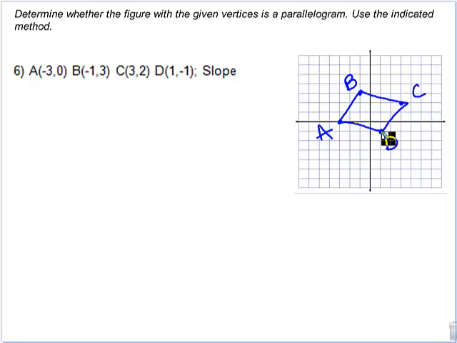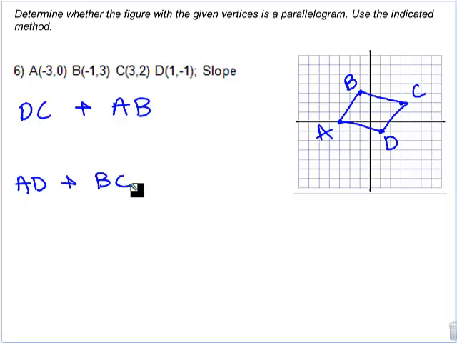So which lines on here should have the same slope? Okay, well, we need 2 letters for a line. So DC and what one should have the same slope as? AB should have the same slope. And then AD and BC should have the same slope. So when we do the slope method, we're going to find those slopes and see if they're the same.